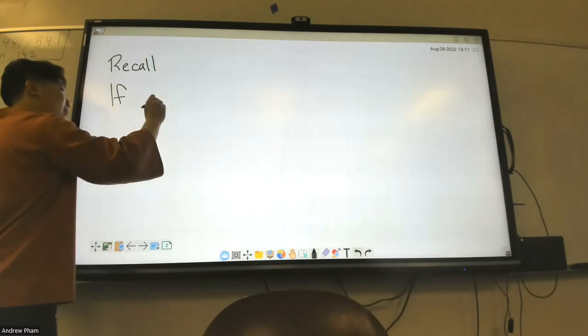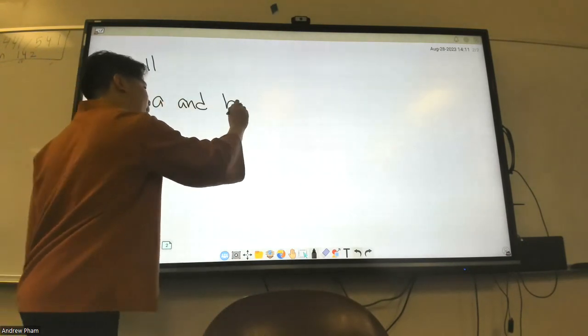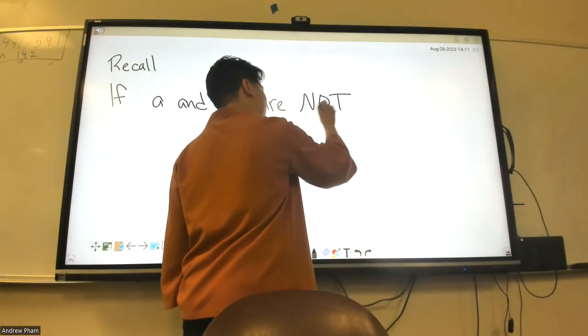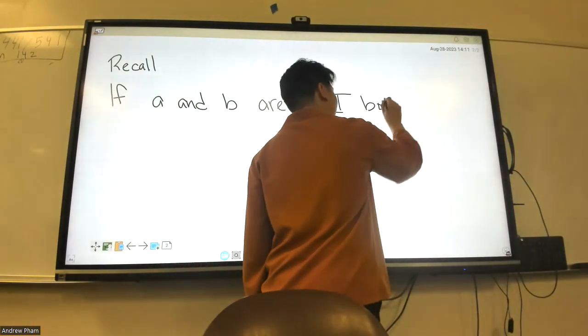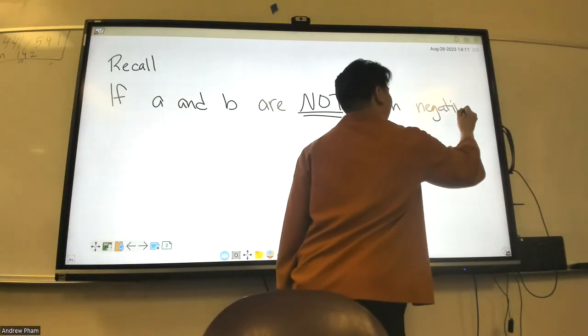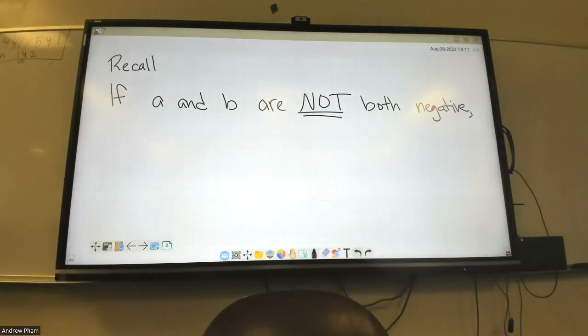If A and B are not both negative. So if I have two numbers where they're not both negative, it's okay if one of them's negative, but I want to make sure that I don't have that both of them are negative.